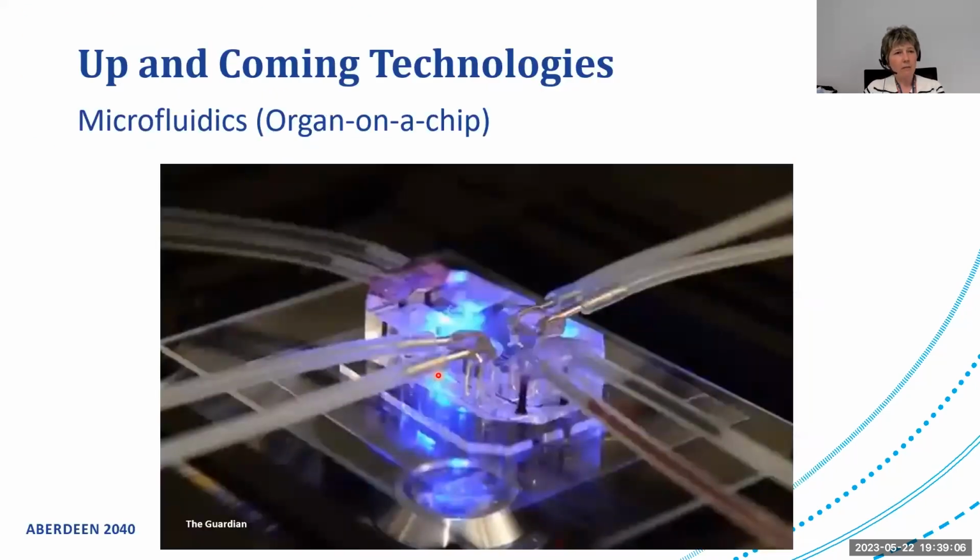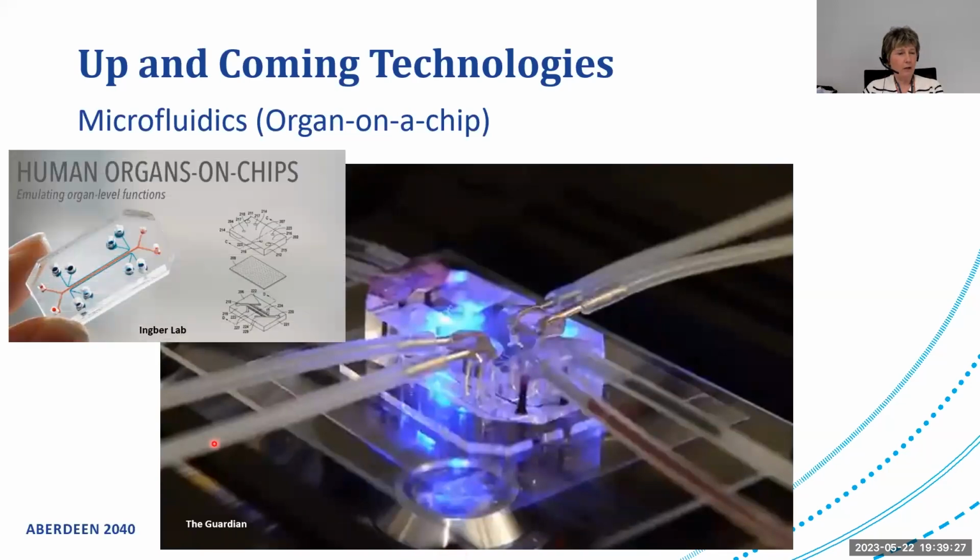So what about up and coming technologies? Well, I'm sure you've all heard of microfluidics, or so-called organ on a chip models. And it's even made the press. The Guardian is a newspaper which is published in the UK, and there was a piece in the Guardian about these microfluidic models. And they've been described by the Ingber lab.